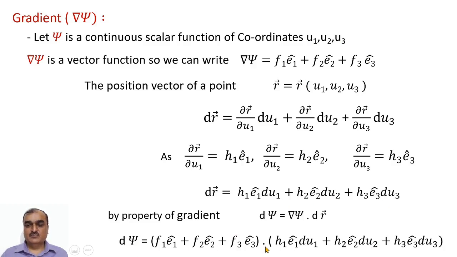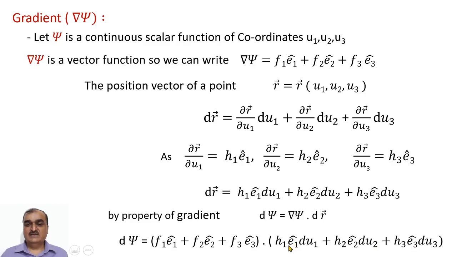If we solve this dot product, then e1 cap dot e1 cap is equal to 1, e1 cap dot e2 cap is equal to 0, e1 cap dot e3 cap is equal to 0, e2 cap dot e1 cap is equal to 0, e2 cap dot e2 cap is equal to 1, e2 cap dot e3 cap is equal to 0, e3 cap dot e1 cap is equal to 0, e3 cap dot e2 cap is equal to 0, and e3 cap dot e3 cap is equal to 1.